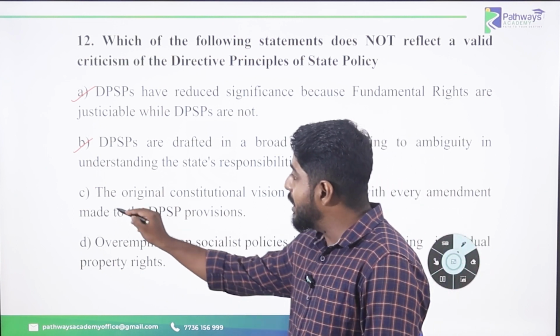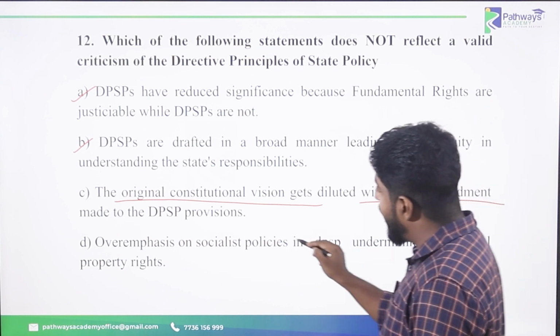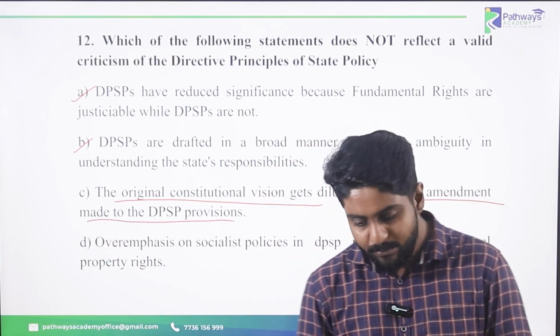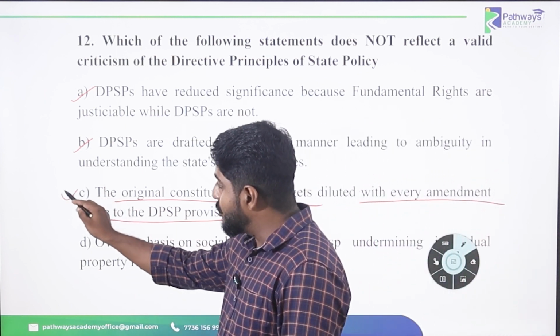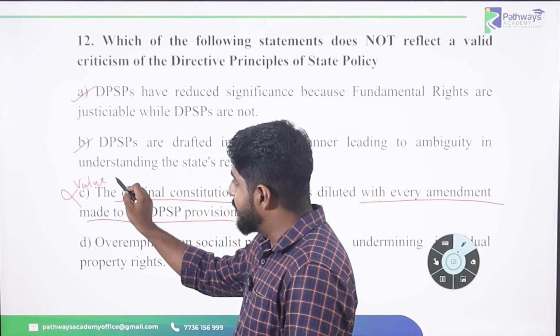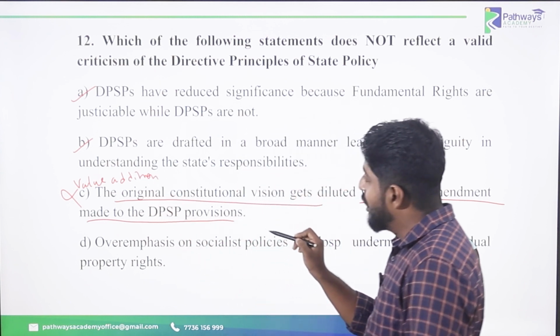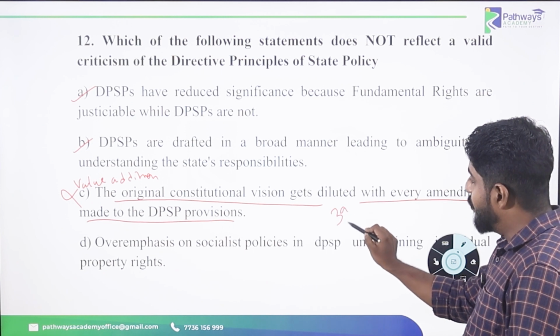Third one, the original constitutional vision gets diluted with every amendment made to the DPSP provisions. My goodness, no. In fact, the original constitution gets value addition, isn't it? Say, for example, the original constitution was not having a DPSP to provide for free legal aid.